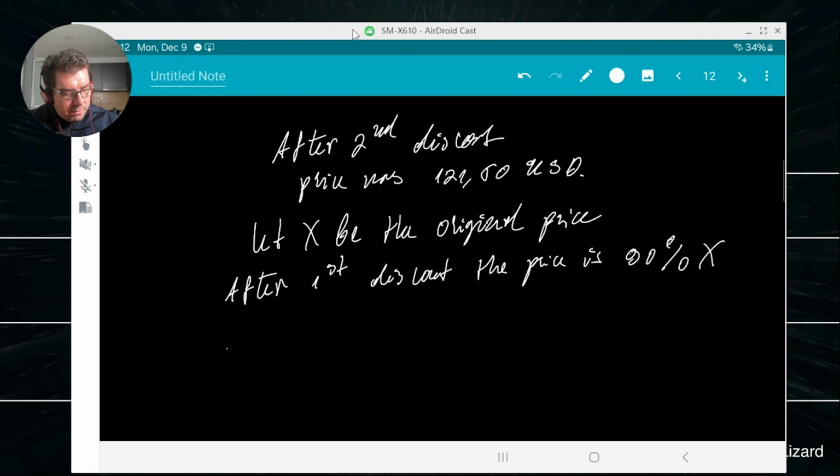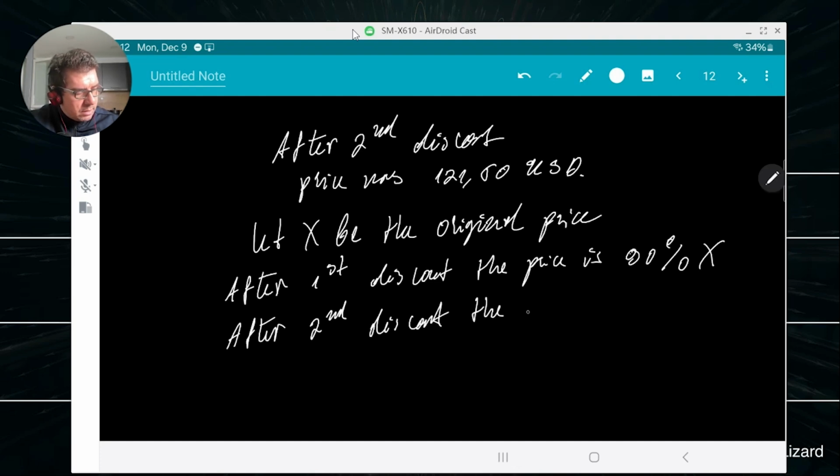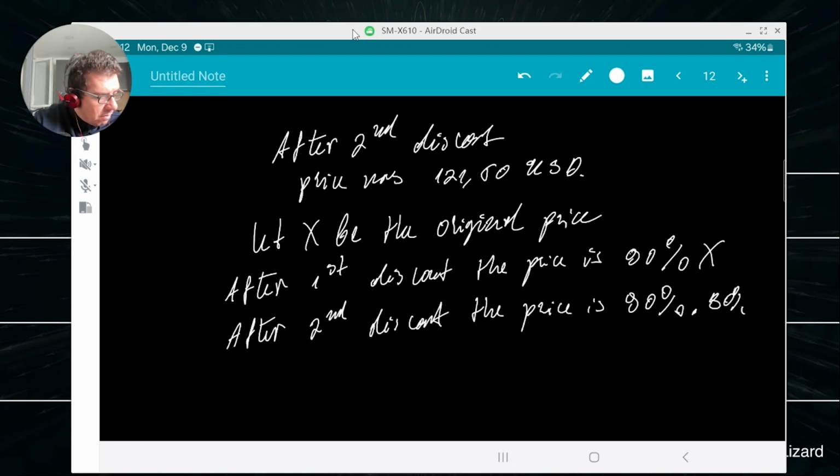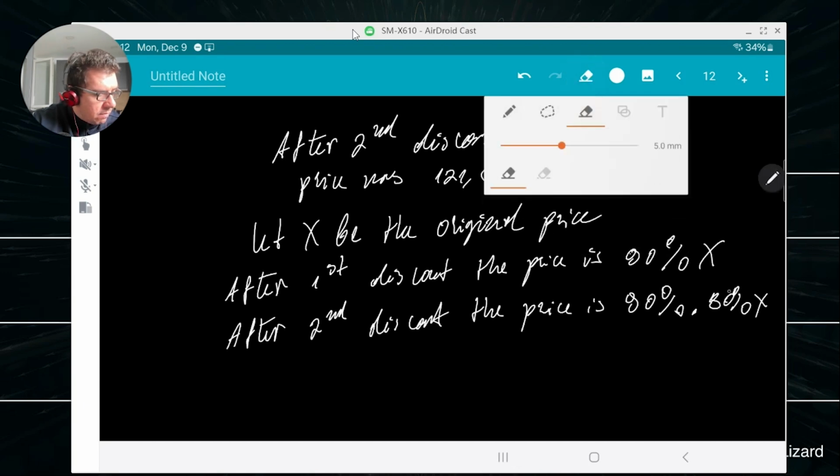So after second discount, the price is 90% of the already discounted price. So of 90% of X, okay? 90% of 90% of X.